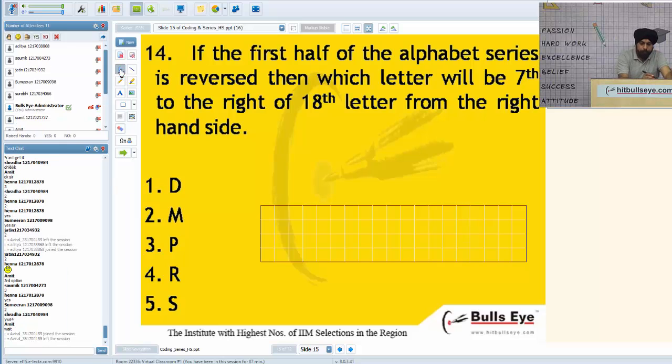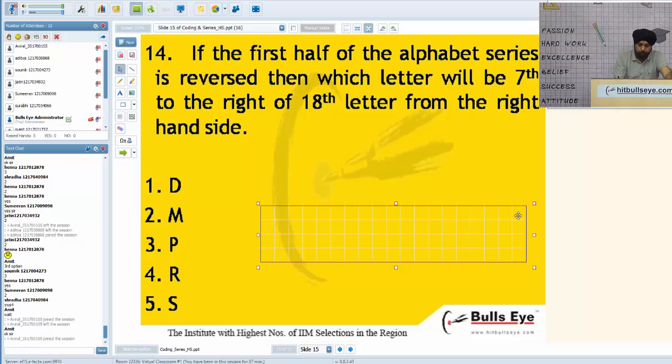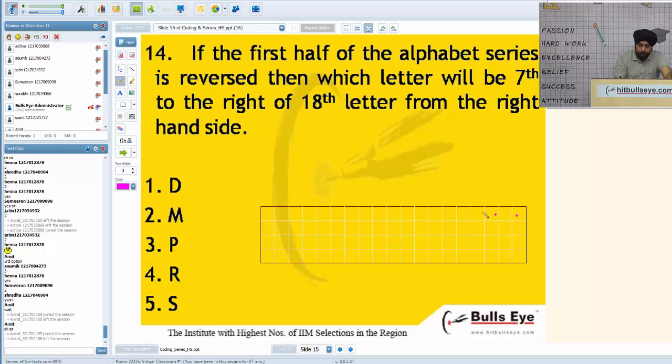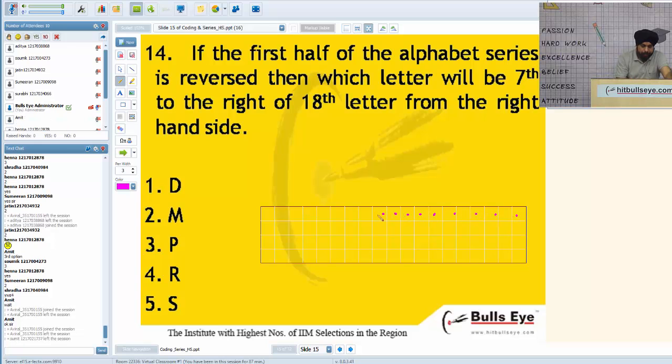Say students, if you take the 18th letter from the right hand side, just agree the way I am referring to the screen. See, if you count like this and you come at the 18th letter, whichever this is, and then you move to the right hand side of the same by 7 letters, can you see from the letter you will reach at which position, students?